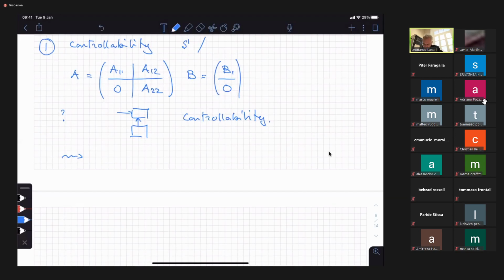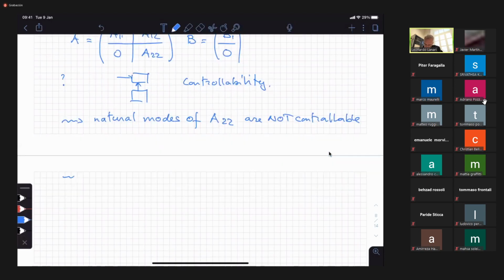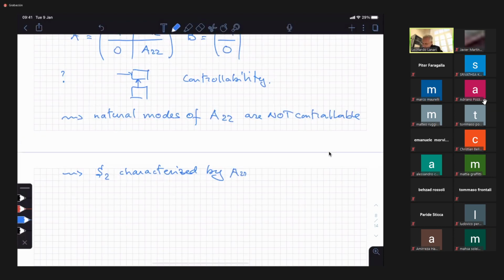The natural modes of A22 are not controllable, or if you prefer, the system S2 characterized by the matrix A22 is not controllable. And this is true.